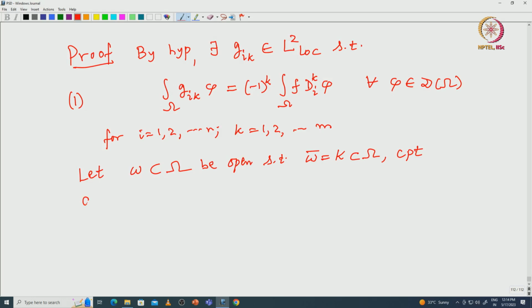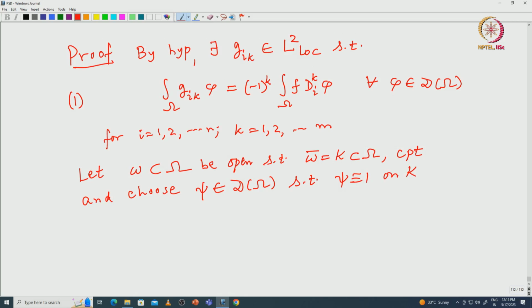And choose, so you also see various techniques used in this analysis, psi in D(omega) such that psi is identically 1 on K. So it has compact support and on K it is 1.